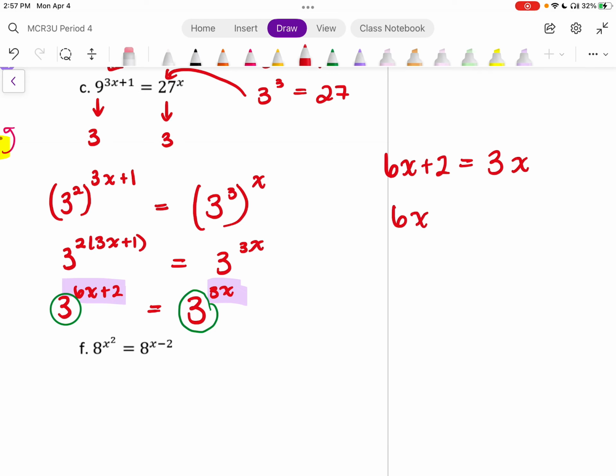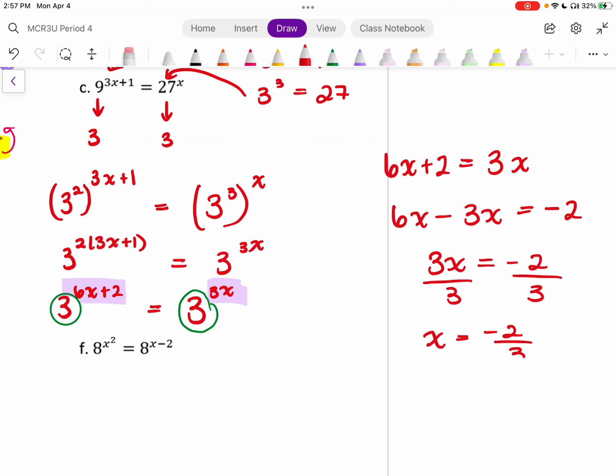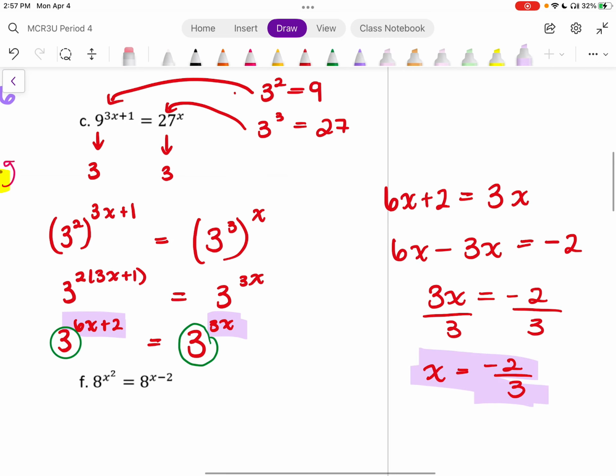So I'm going to bring the 6x over to this side and take the 2 over to the other side. 6 minus 3 is going to give me 3x is equal to -2. Divide both sides by 3, and x is equal to -2 over 3. So if I was to go into my calculator and type in 9 to the power of 2 x, -2 over 3 plus 1, it would give me the same thing as 27 to the power of -2 over 3.